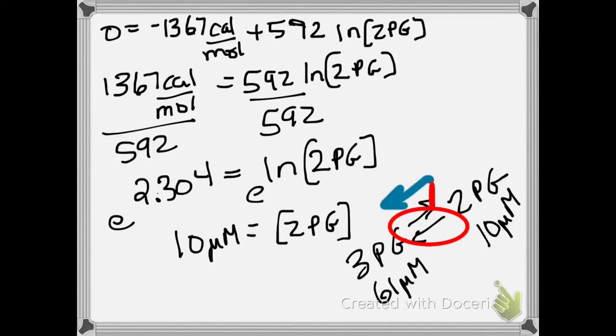So we can safely say that any concentration of 2 PG greater than 10 micromolar will give you a positive delta G prime value. And that will be not spontaneous under those conditions.